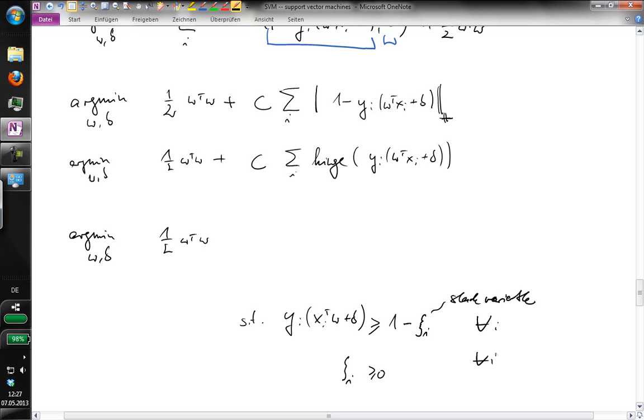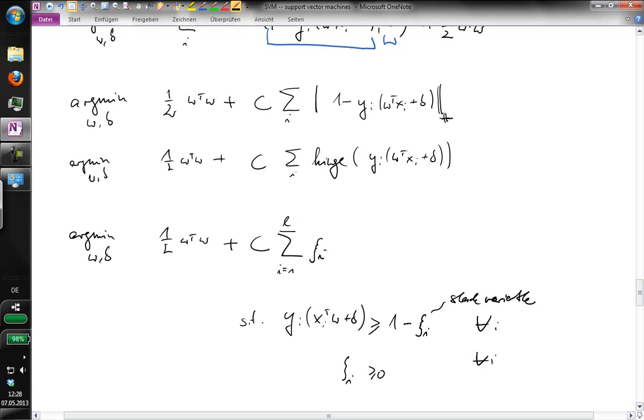But now I want to prevent the solver from just giving me a solution which satisfies these constraints by simply choosing huge slack variables. So I need to penalize magnitudes of slack variables.